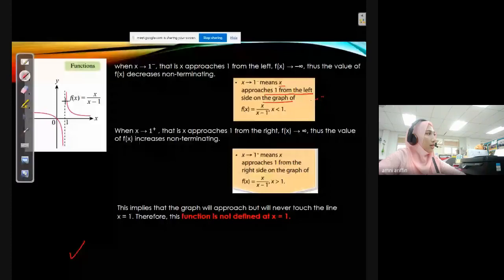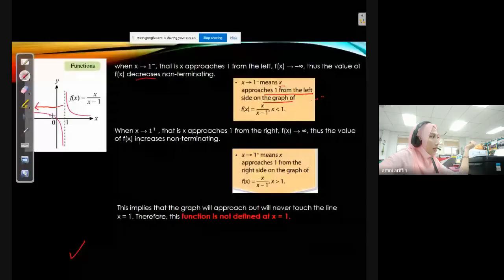Kamu nampak dekat sini nilai fx will decrease. Nilai dia akan semakin berkurang, ataupun semakin kecil. Tapi dia kata decrease non-terminating.